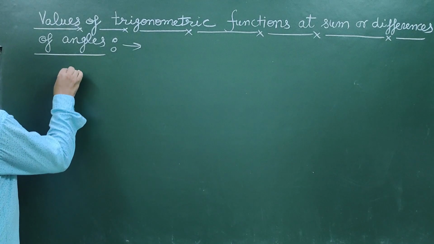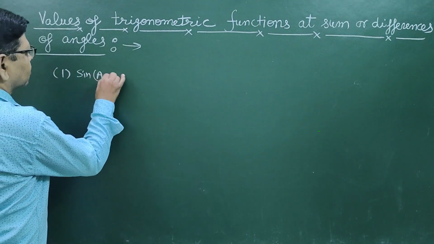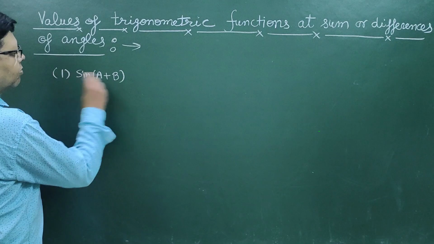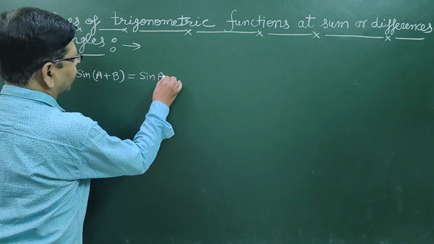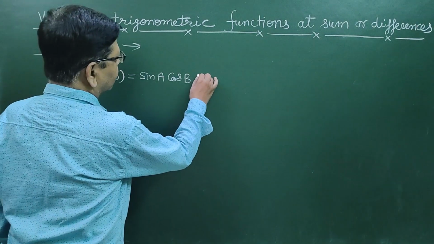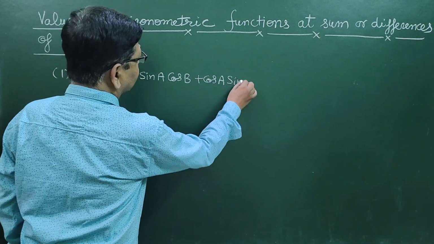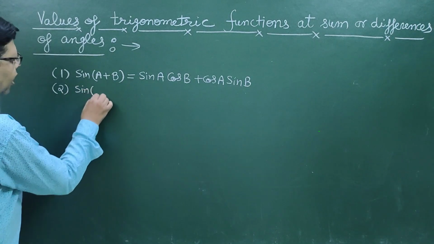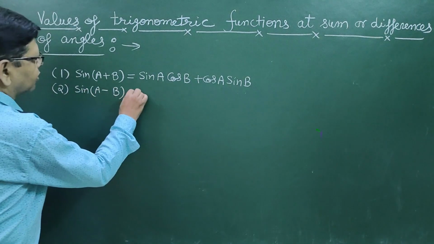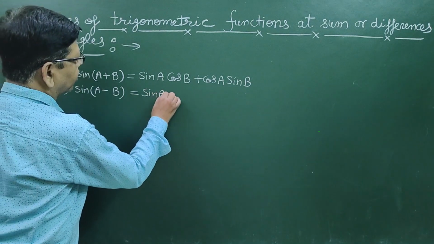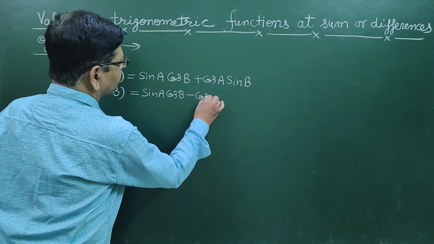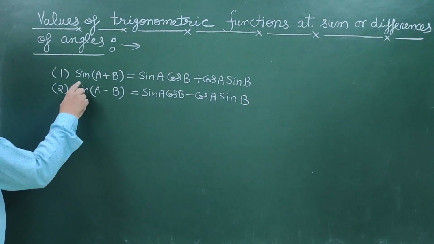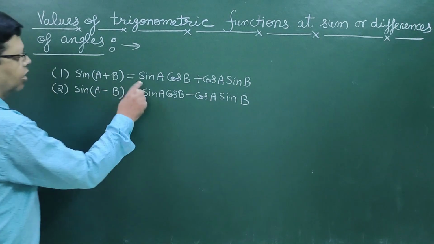So first formula, sin(A+B). The trigonometric function sin at sum A plus B is equal to sin A cos B plus cos A sin B. Second, sin of A minus B is equal to sin A cos B minus cos A sin B. In sine functions at sum or difference of the angle, you have the same sign.